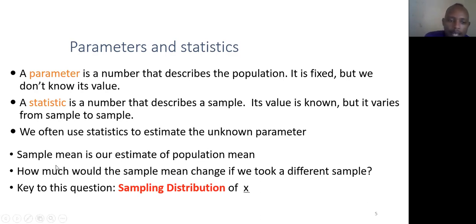This sample mean changes depending on the change of sample. When the sample size changes or the sampling method changes, the sample mean, the sample statistic, changes. And then we have the sampling distribution of the sample statistic.